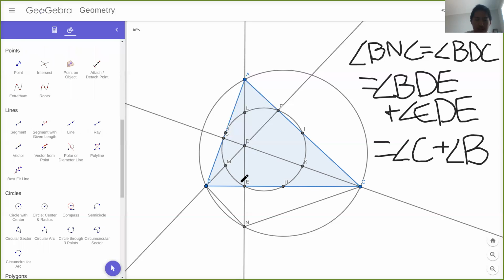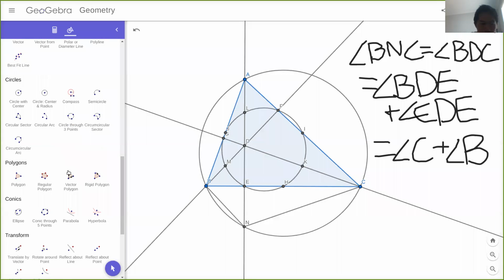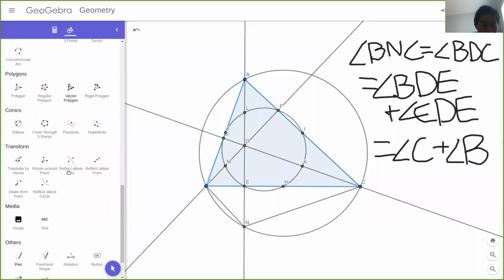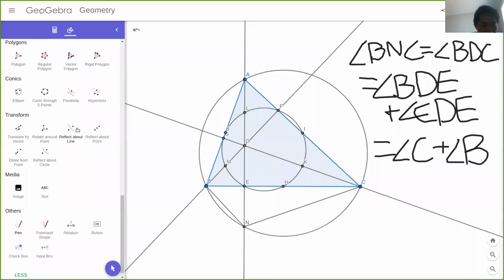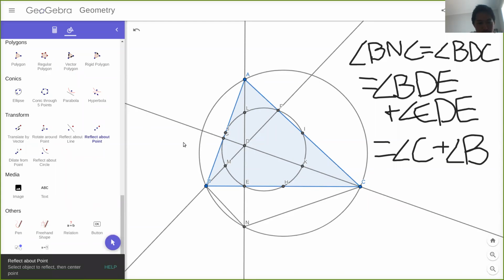Well, actually, now this time it's not a reflection across BC, but a rotation of some sorts. So let's see how we can draw that. Let's see. Reflect about point. That seems to work.